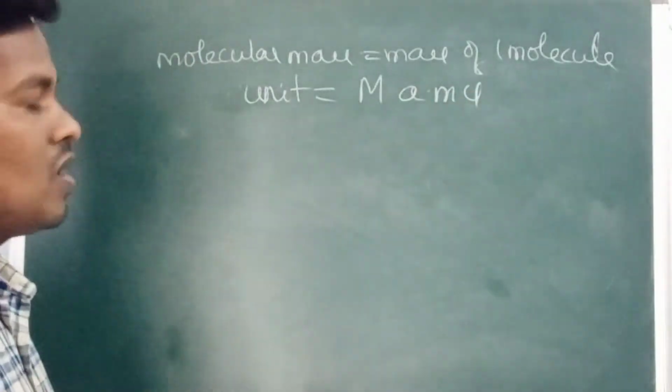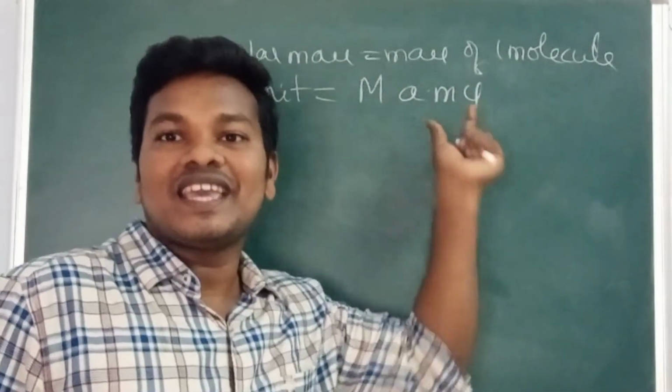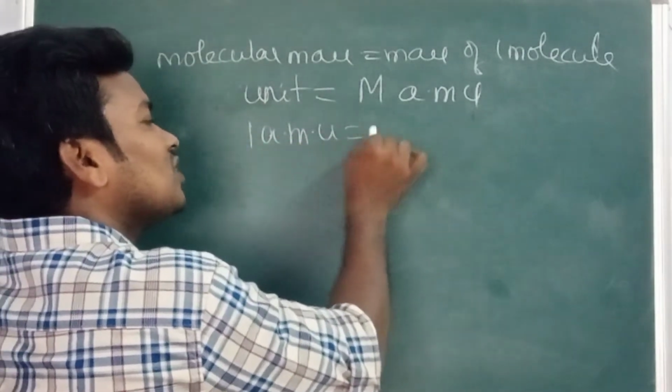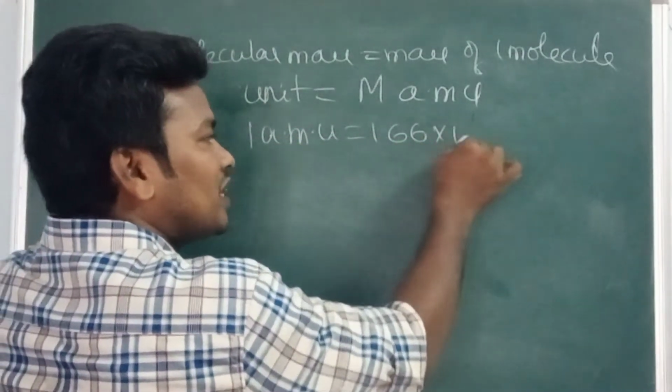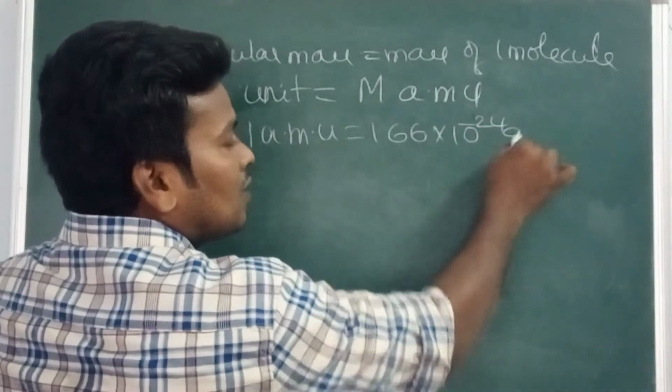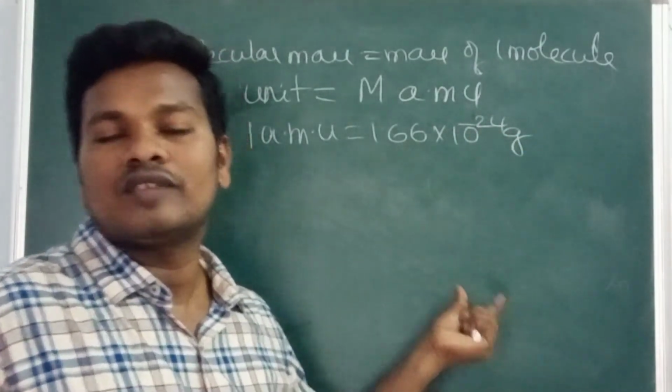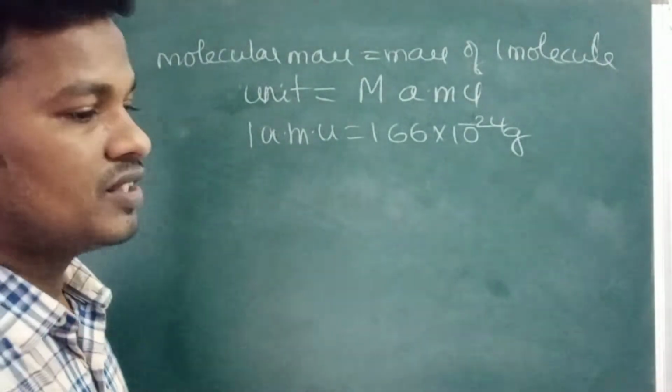Already we know what is meant by AMU: 1 AMU is equal to 1.66 into 10 to the power of minus 24 grams. I said this in the last 2 videos. If anyone has not seen those videos, go and check the playlist.